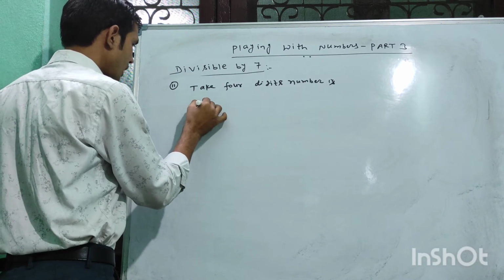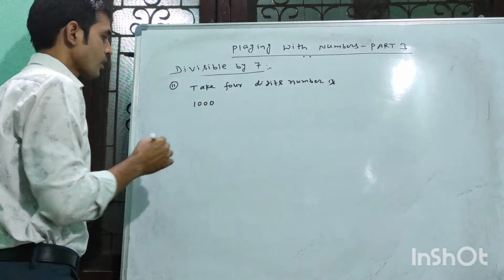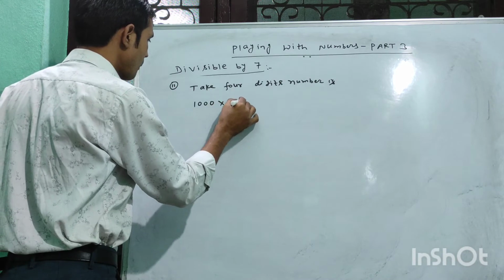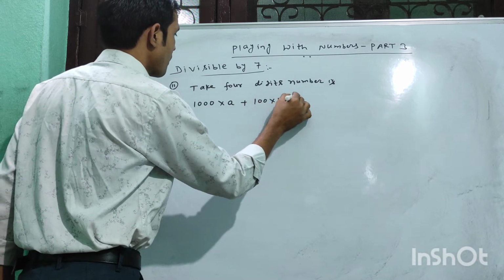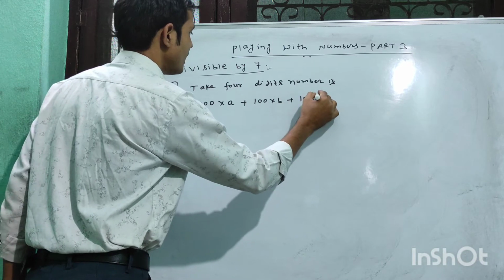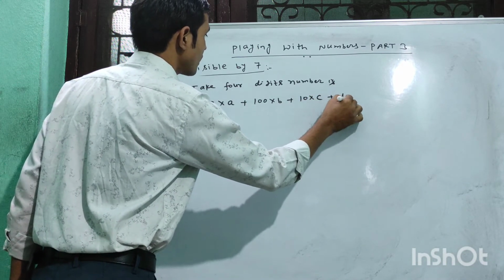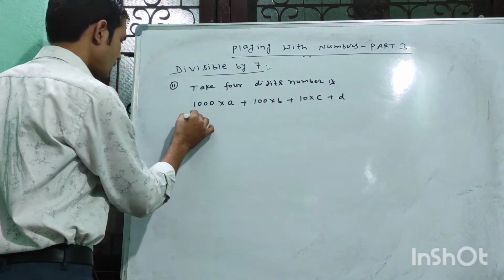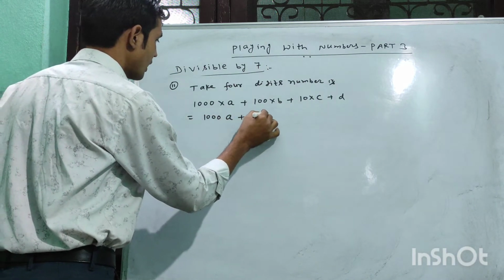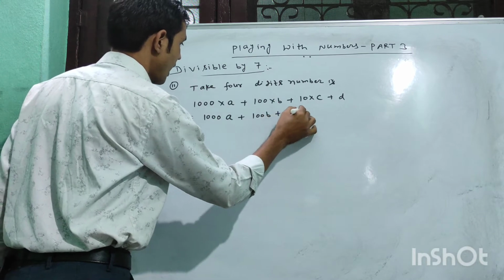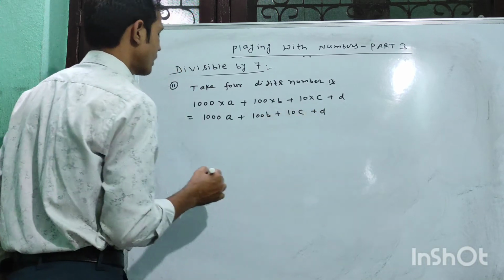The fourth position is the 1000's place. So 1000 into A plus 100 into B plus 10 into C plus D is equal to 1000A plus 100B plus 10C plus D.